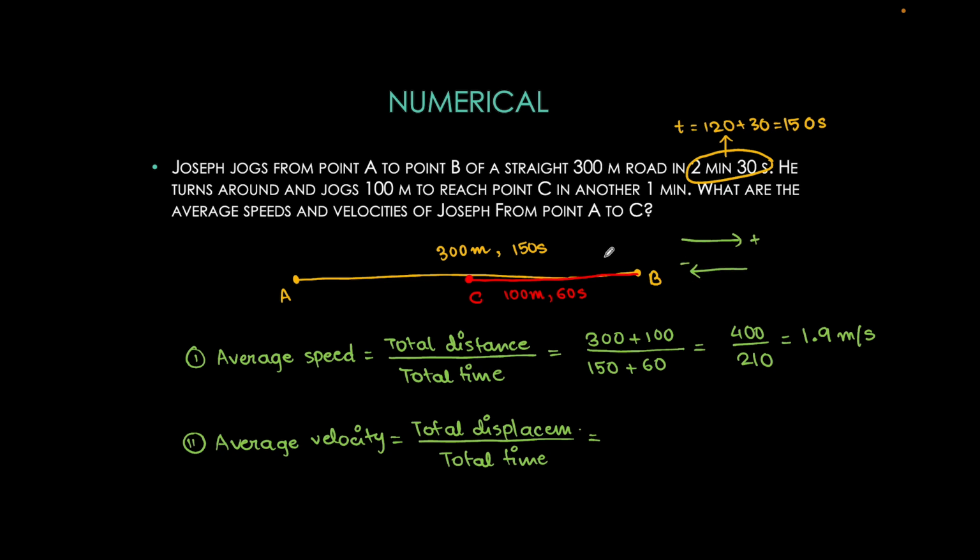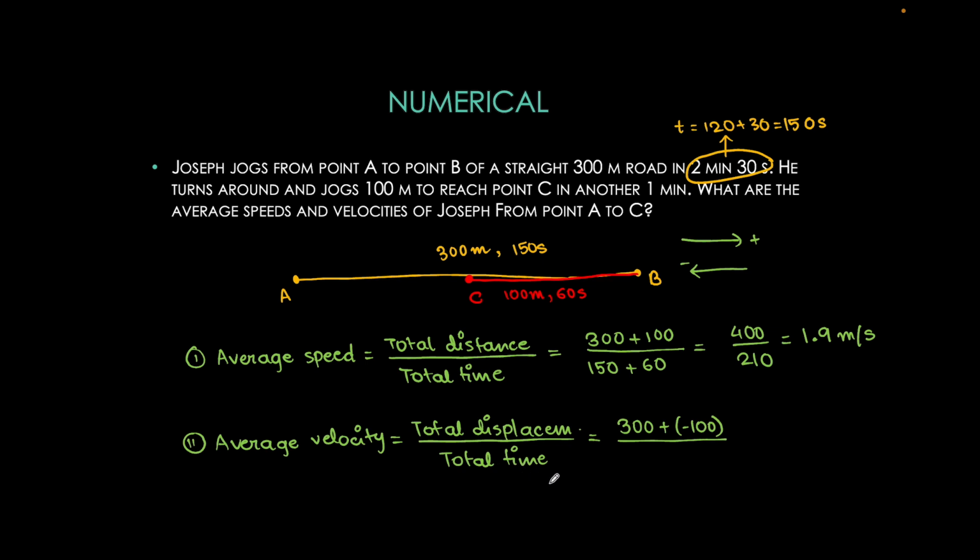Now, from A to B, he moves a distance of 300 meter. So here we'll write 300 meter, plus from B to C, he moves a distance of 100 meter, but in the opposite direction. So opposite direction we're considering as negative, right? So it will be minus 100 divided by, see, time can never be negative.